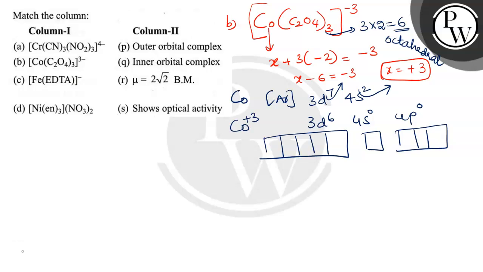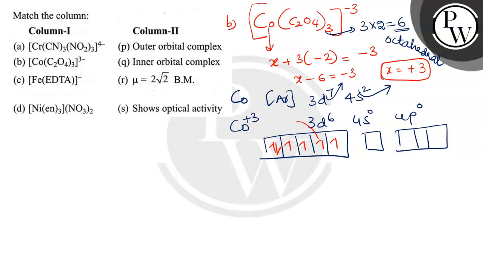Now this electron filling 1, 2, 3, 4, 5 and 6. So what will happen? It requires 2 d orbitals for sp3d2 or d2sp3 hybridization, but here the ligand is oxalato. Because of this, pairing of electrons takes place.